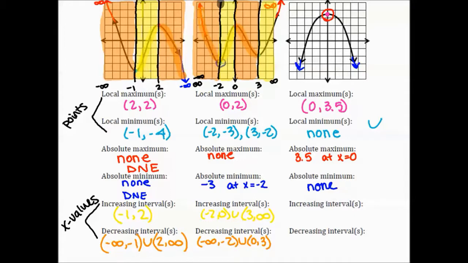If we shade where we're increasing and decreasing, if you start on the left, this side of the graph is increasing. And this side of the graph is decreasing.